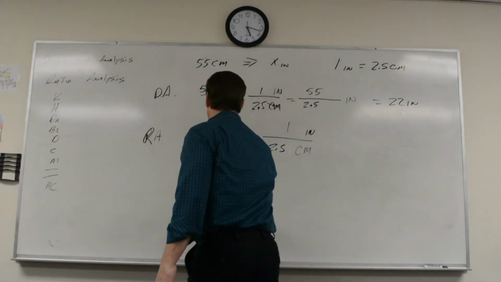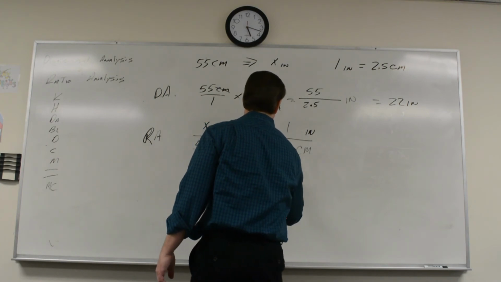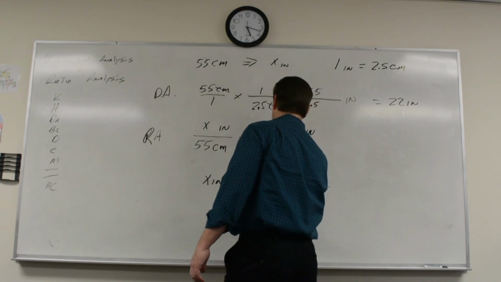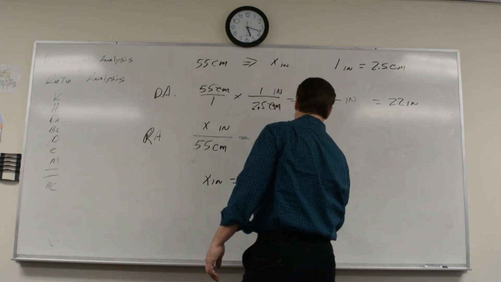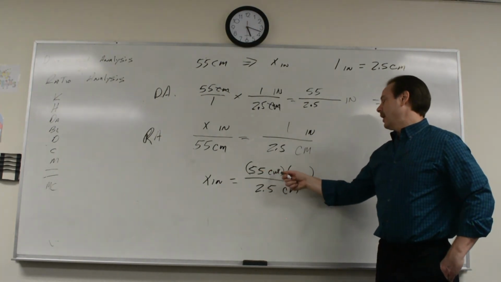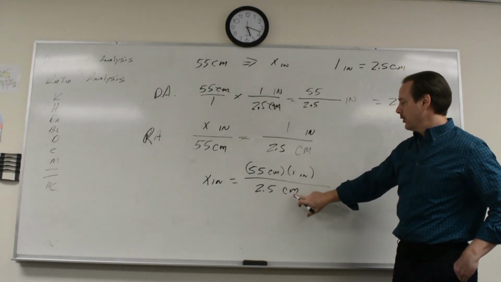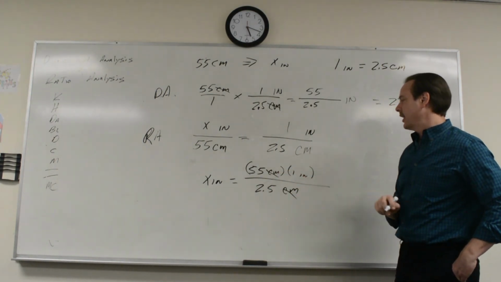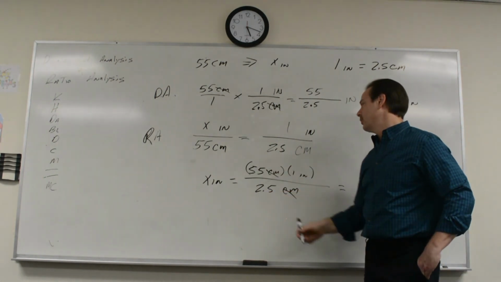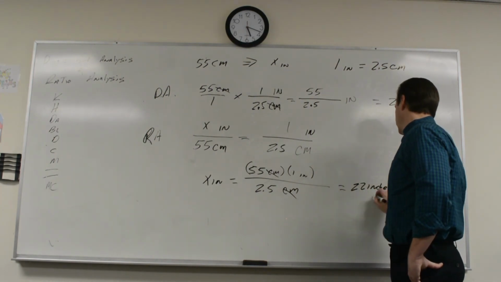So x inches equals 55 centimeters times 1 divided by 2.5 centimeters. In this case, we have centimeters in the numerator, centimeters in the denominator. Centimeters cancels. This is going to equal 55 divided by 2.5, or 22 inches. There's our final answer.